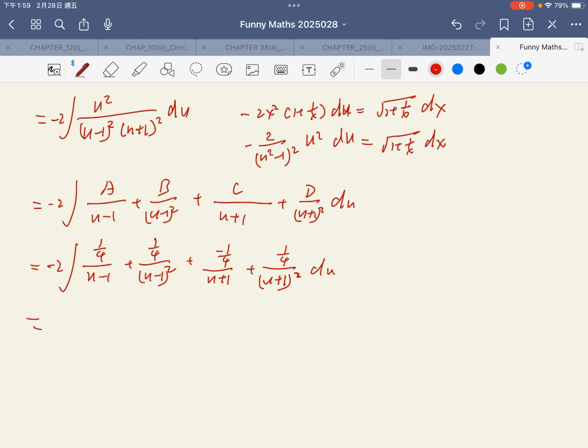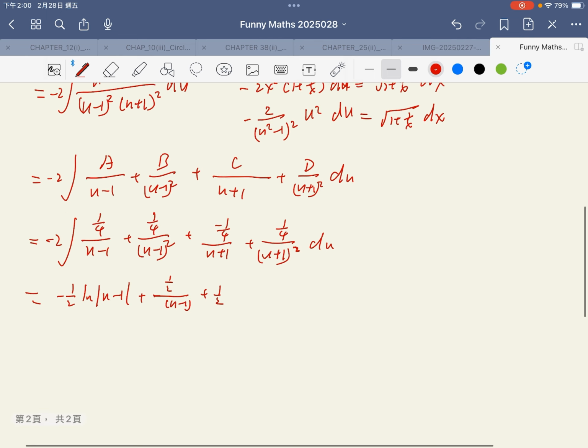And now integrate. The first one is negative 1 over 2 natural log of u minus 1. The second is positive 1 over 2 over u minus 1. I think I put the 1 over 2 in the numerator, it looks better.